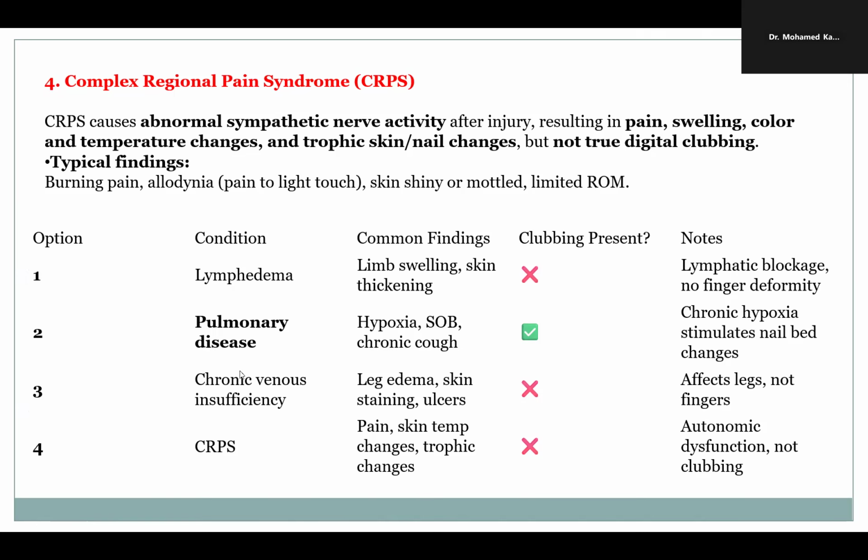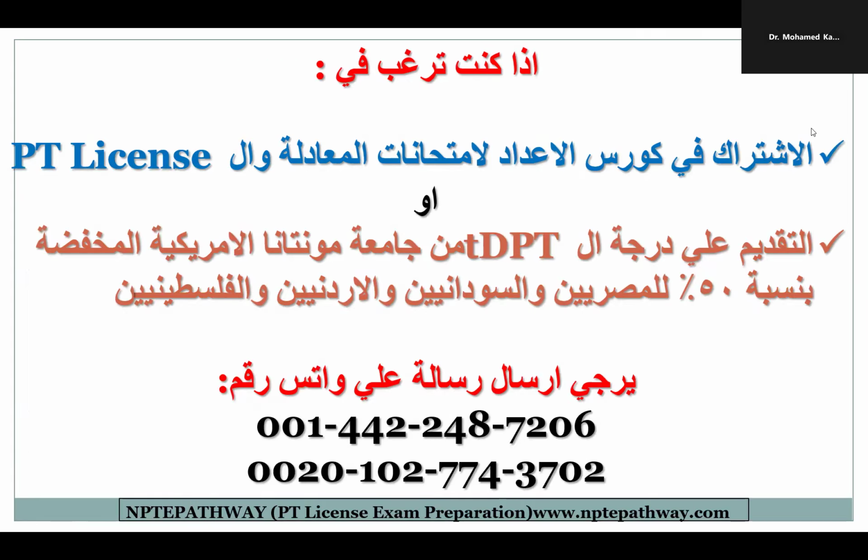Chronic venous insufficiency: leg edema, skin staining or brownish discoloration, ulcers, but usually the lower extremity is affected, not the fingers, no clubbing. Complex regional pain syndrome: autonomic dysfunction, pain, skin temperature changes or trophic changes, but no clubbing. And that's it. Sometimes, for completeness' sake, we might also find clubbing with cardiovascular or heart problems.